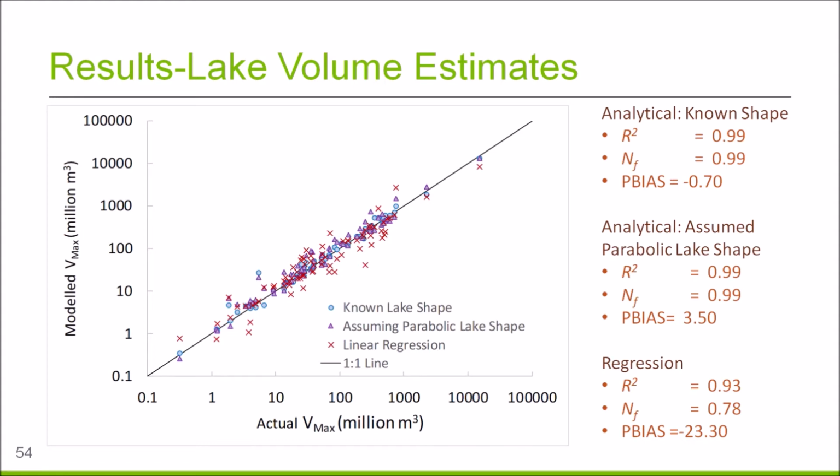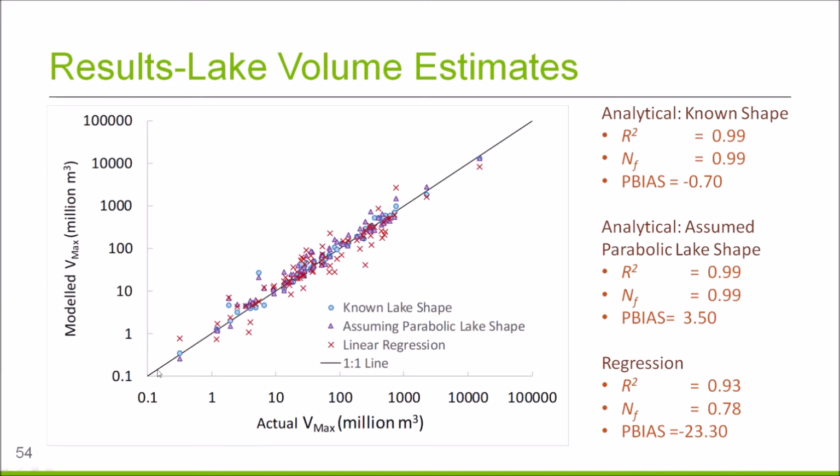So I showed you the analytic equation of maximum volume, right? And I also showed you the regression relationship. Now I have three different plots here. The firm black line is the one-to-one relationship between maximum actual volume and model volume.